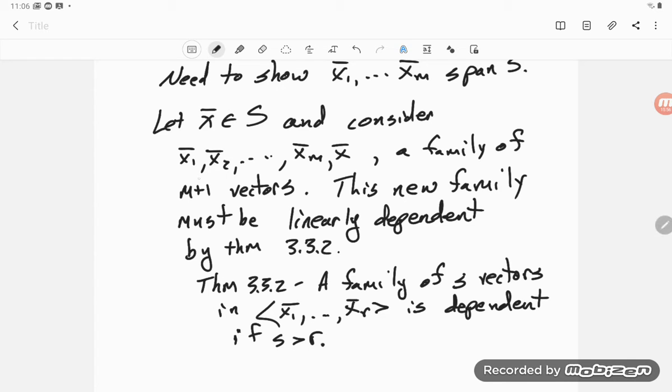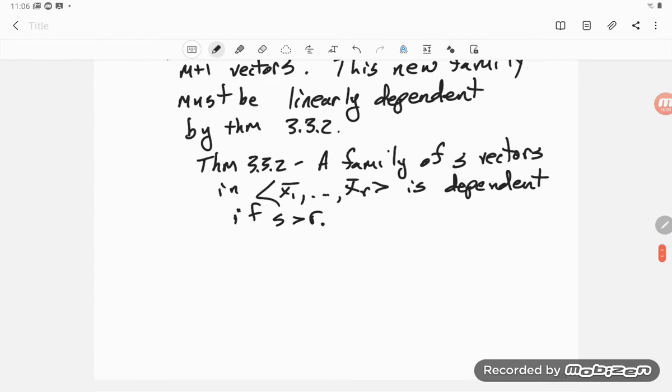Here, when we added that x in there, we got m plus 1 vectors, and so that's too big. It has to be dependent by theorem 3.3.2. I kind of lost where I was here. Which one am I doing? 3.4.3. That was a close one.